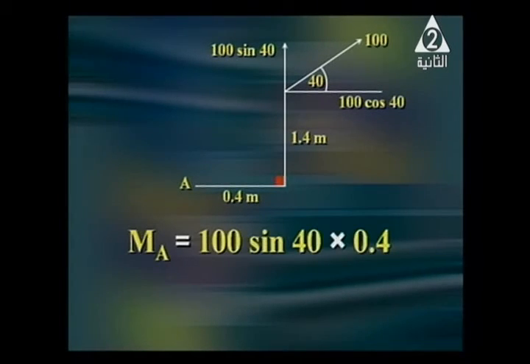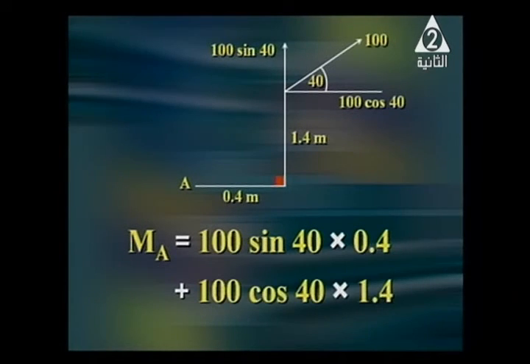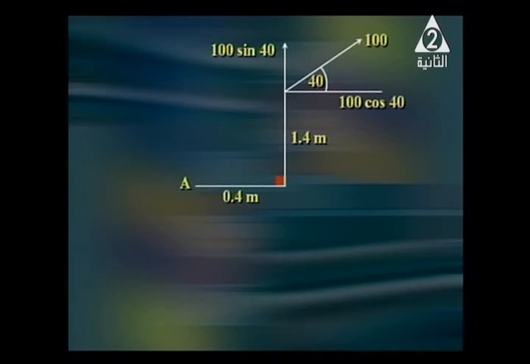Multiply 100 sine 40 times 0.4 along the x-axis, plus 100 cosine 40 times 1.4. The answer is 132.95 Newton meter. This is the moment about the point O.